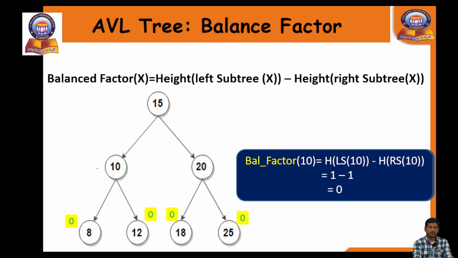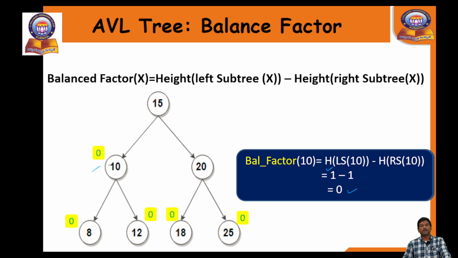When you consider the node 10, there is one node, that is 8, in the left subtree, and there is one node in the right subtree. So the height of the left subtree of 10 is equal to 1, and the height of the right subtree, where there is one node connected as the right child of the node 10, is 1. So 1 minus 1 will be equal to 0.